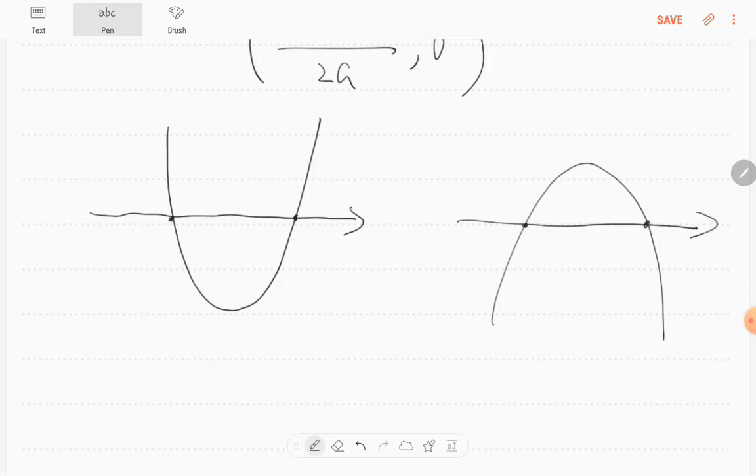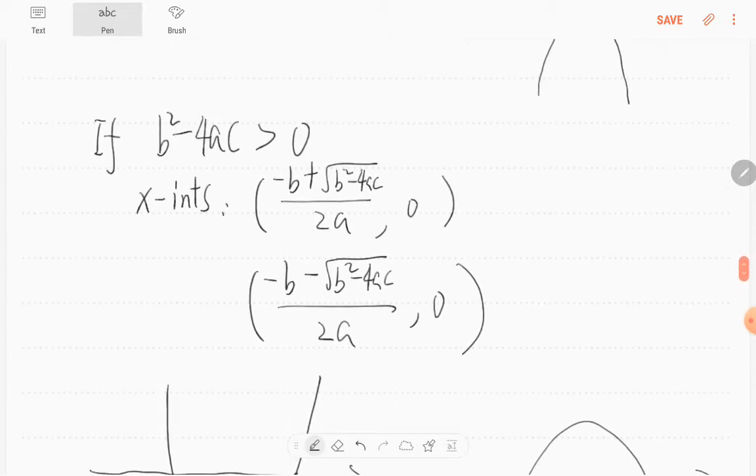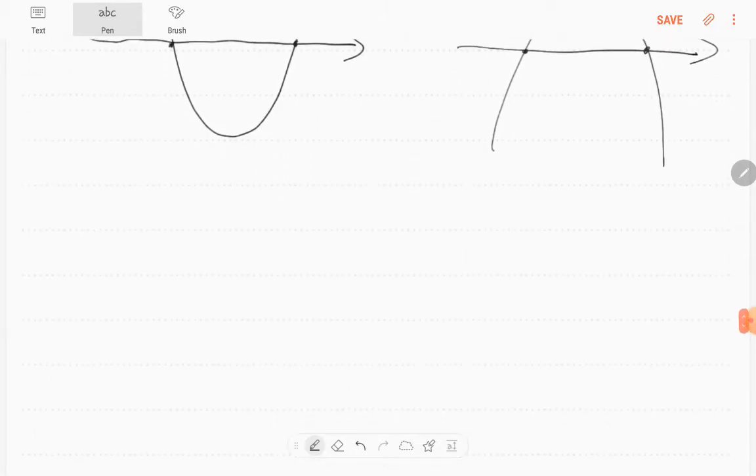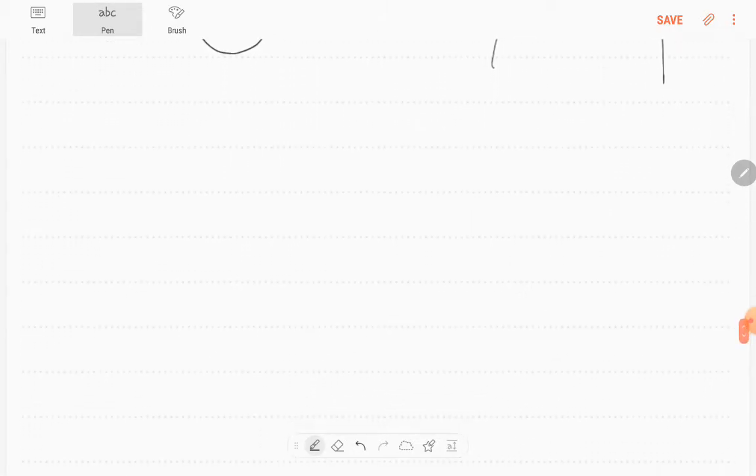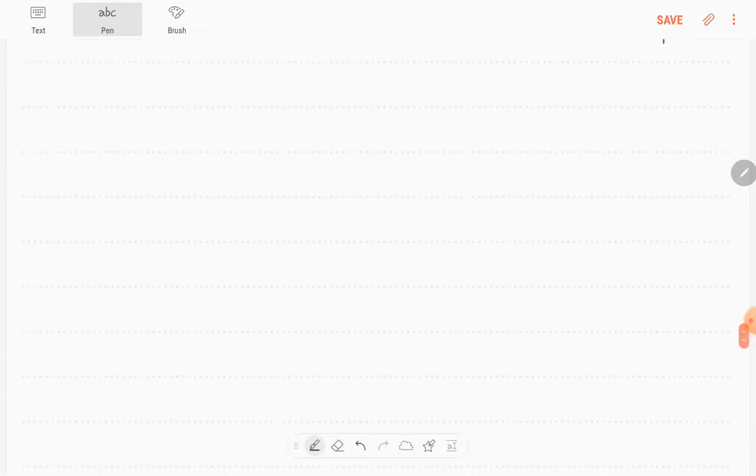Opens up or opens down, depending on whether a is positive or negative, right? So you can use the quadratic formula to determine the x-intercepts. So now I want to look at what is called the vertex form.